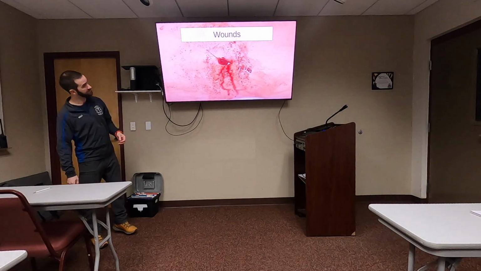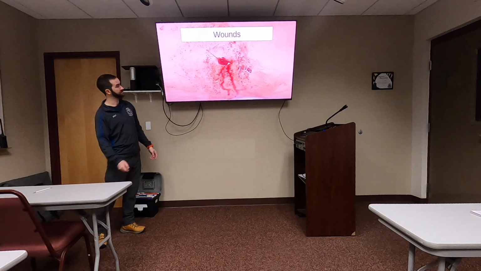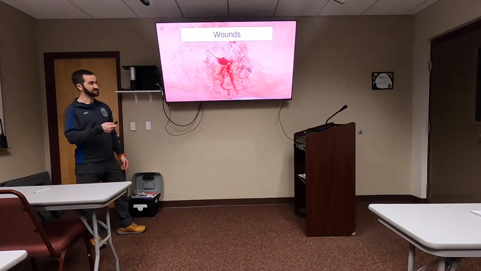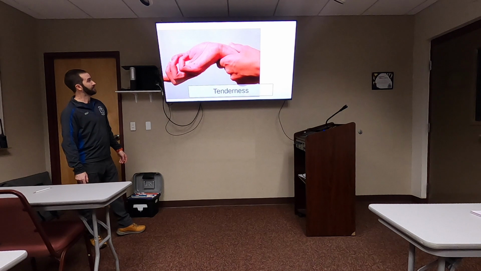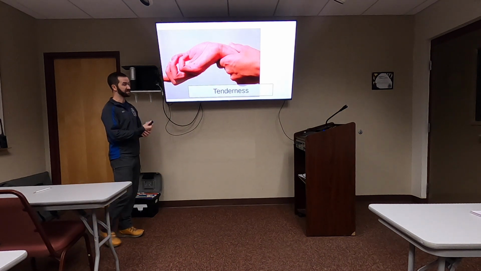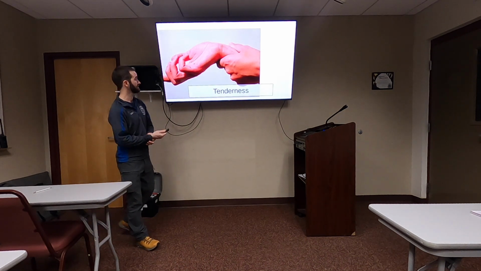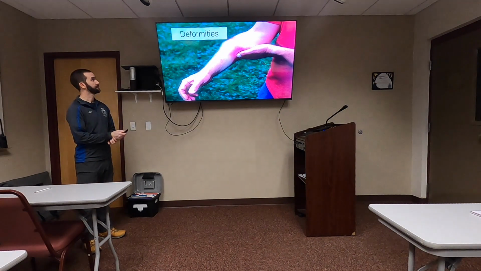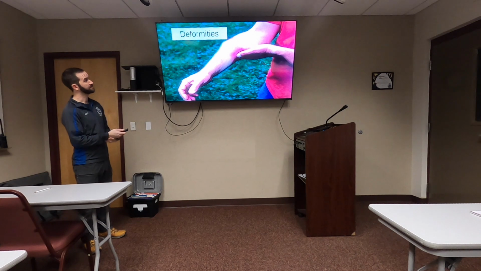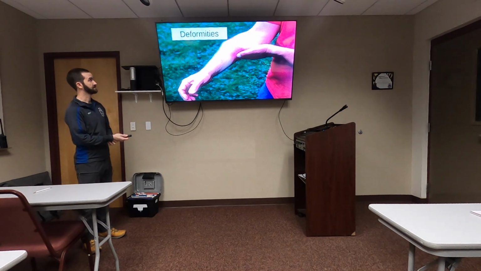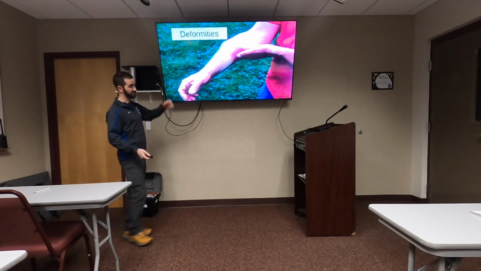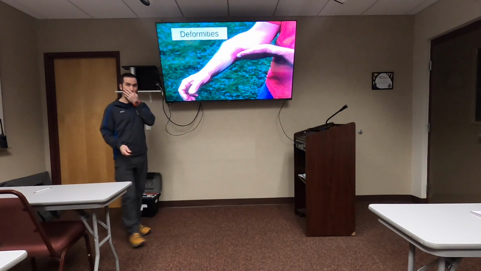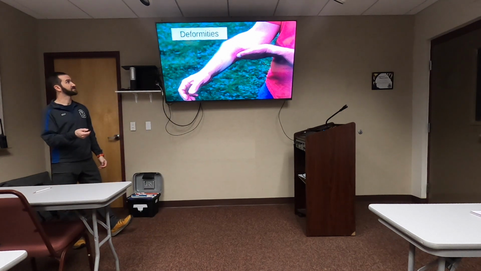So wounds, looks like a bullet wound in this picture. Tenderness, so something feels sore when they move it, tender, painful. And then deformities, like that dude that's probably got a busted arm. So not all deformities are quite that obvious. That's a pretty good obvious deformity.